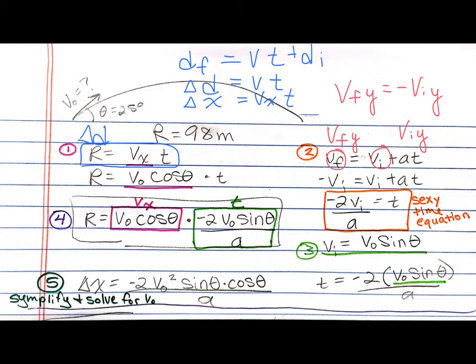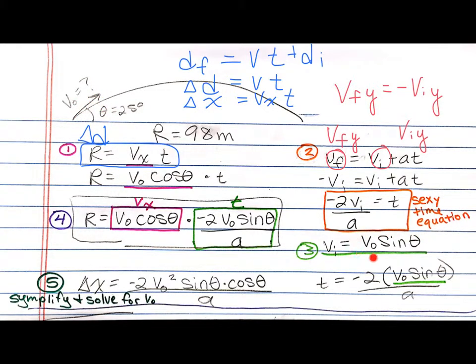Okay, so then I need to substitute in for VIY, I need to substitute in my V naught sine theta, because I know that that's how I'm going to get that vertical component of my velocity from V naught. I'm going to multiply V naught times the sine of theta, because this is my hypotenuse and then this is my opposite leg.